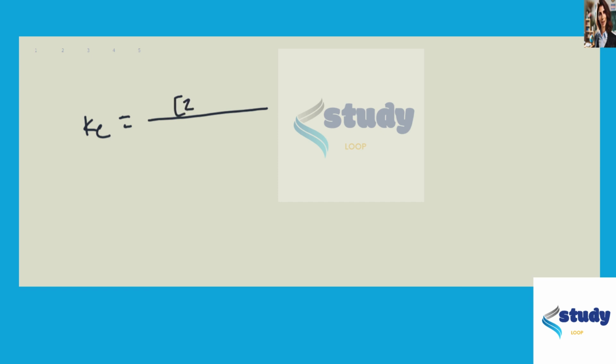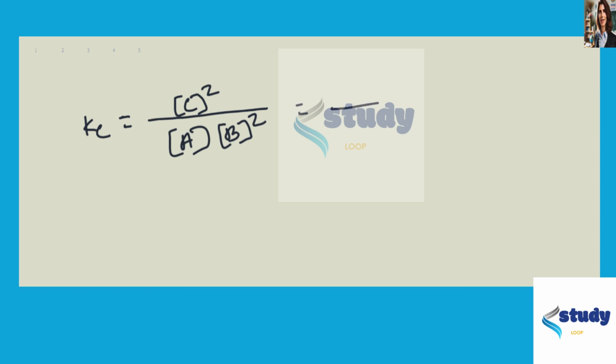So the product concentration will be the concentration of C, and since it has a coefficient of 2, it will go as a power. As the reactants we have A and B, which also has a coefficient of 2, so this power will also be 2.